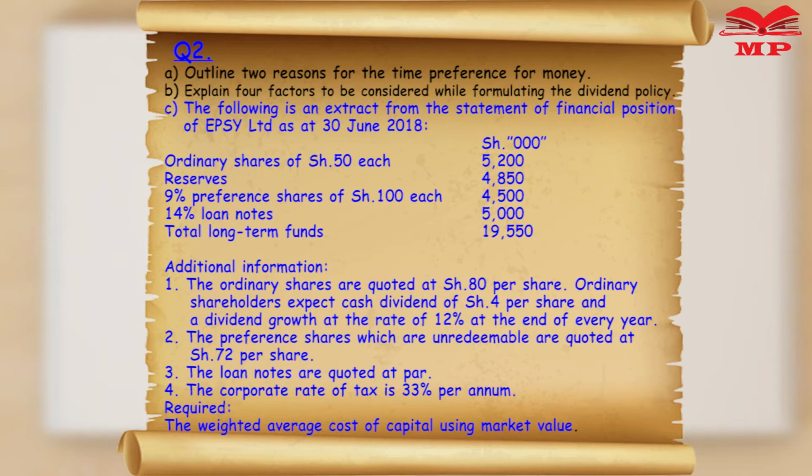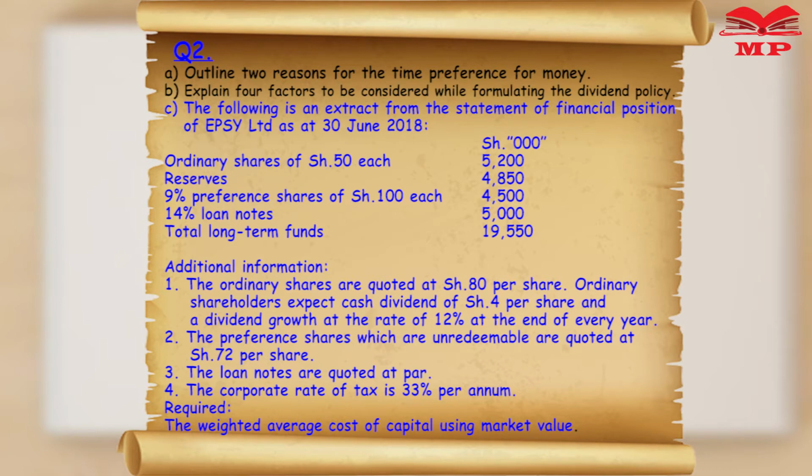Reserves, 4.85 million. 9% preference shares of 100 shillings each, 4.5 million. 14% loan notes, 5 million. Then there is total long-term funds. The total is 19,550,000 Kenya shillings.